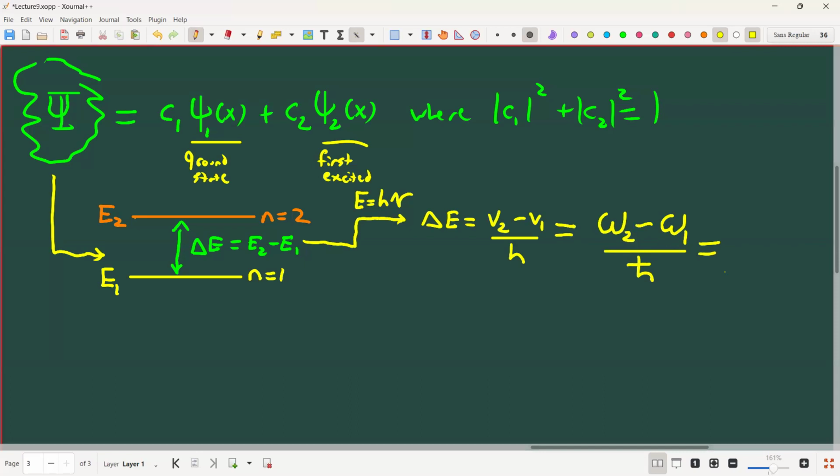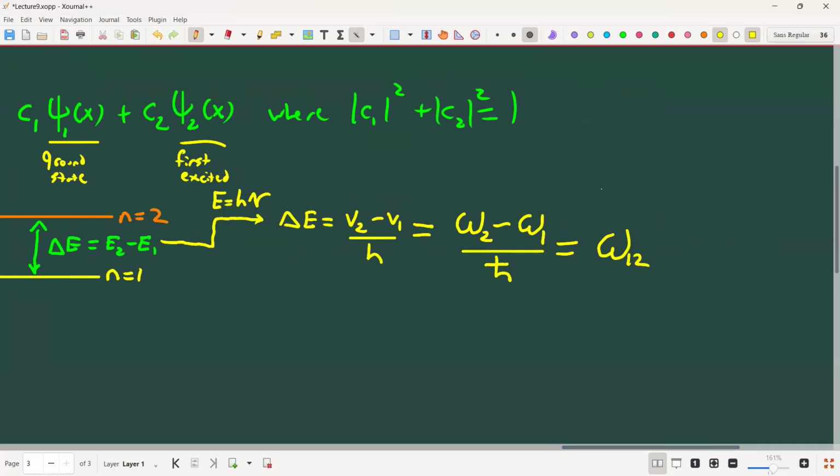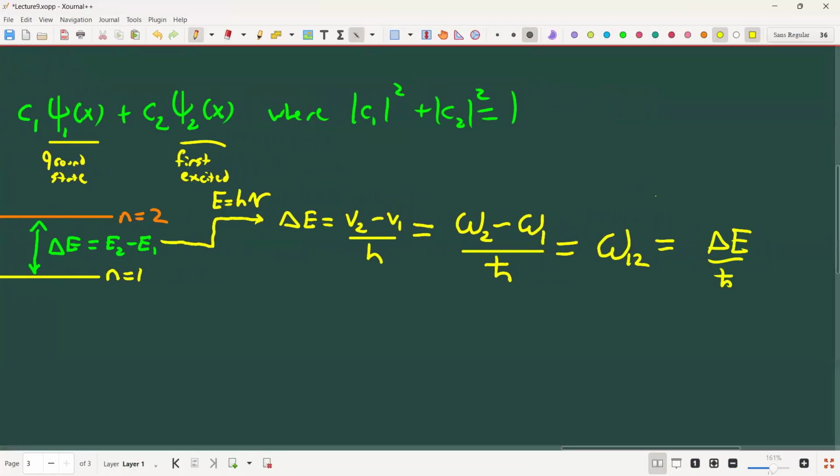Each energy is associated with a wave of specific frequency, E1 and E2. We're going to call this omega 1,2. So this is the frequency difference between the two states.